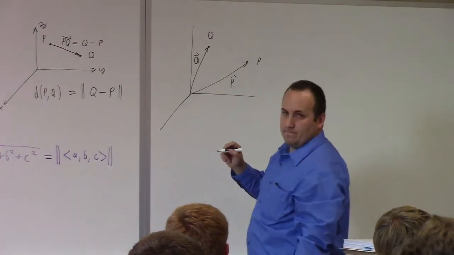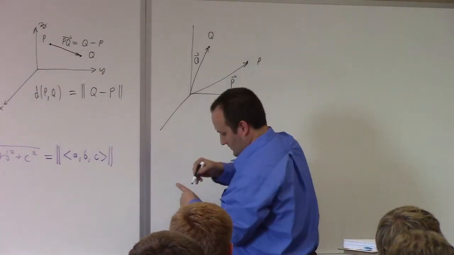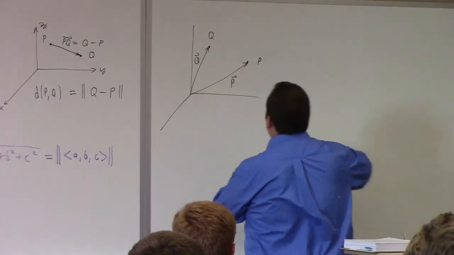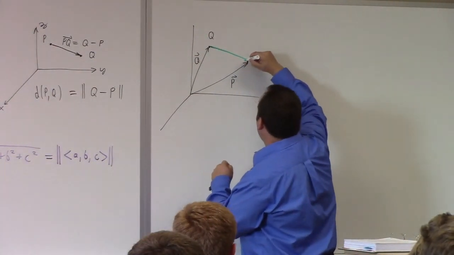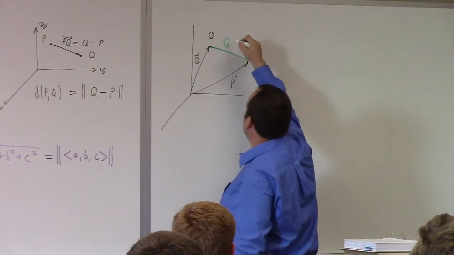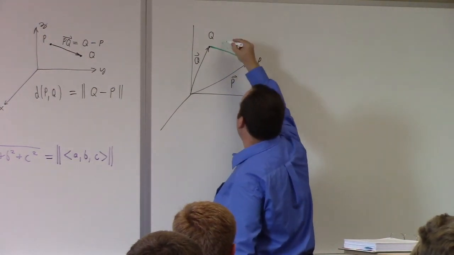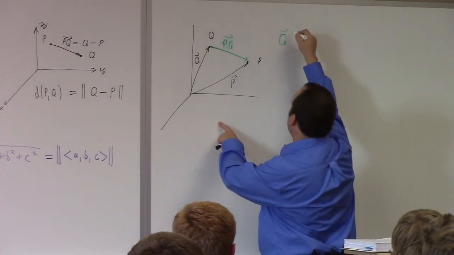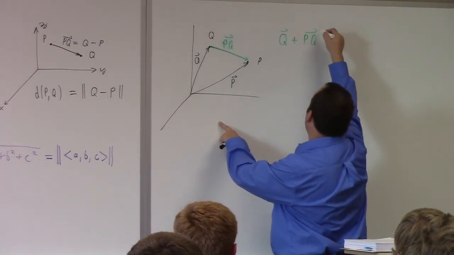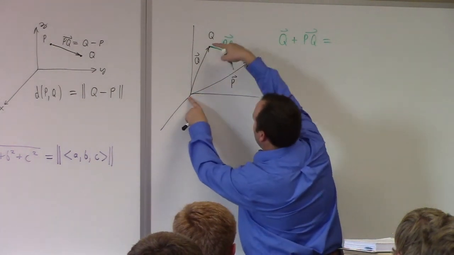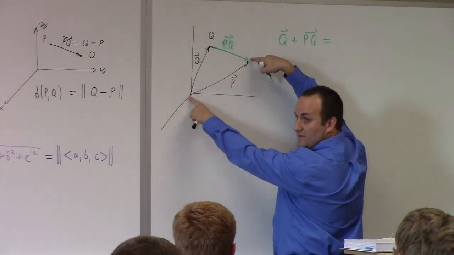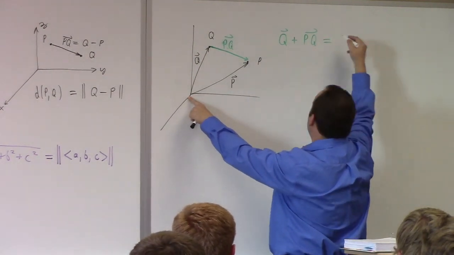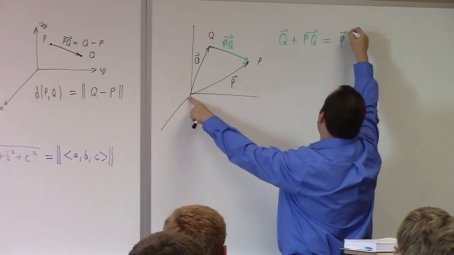Right here, I said we had PQ. If you look at this, Q vector plus PQ vector should be equal to what? This plus that should be the same as that. So that should be equal to P. And you see that's just what I claimed.